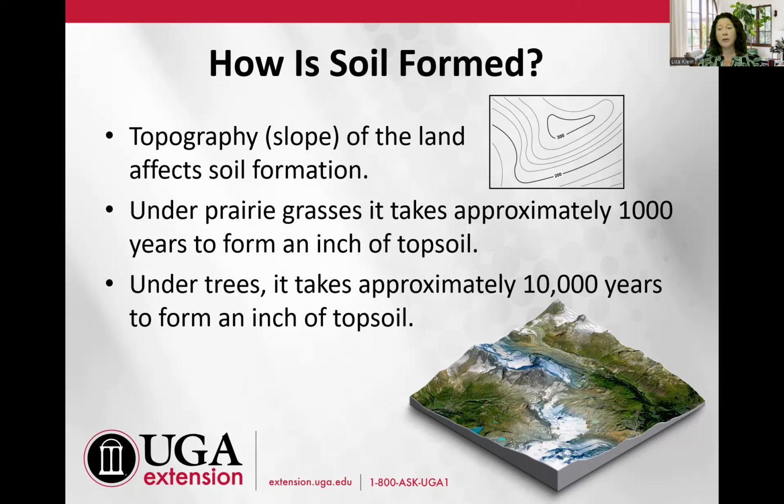And so a lot of that blew away, and we all know what happened in that scenario. Under trees, just as a comparison, it can take about 10,000 years to form 1 inch of topsoil. So that's a long time. We really, really, really want to preserve what we have.